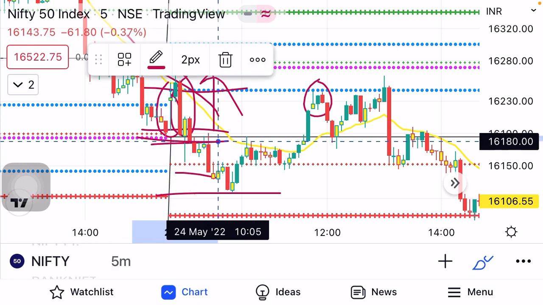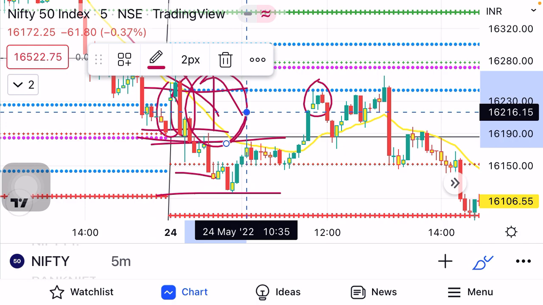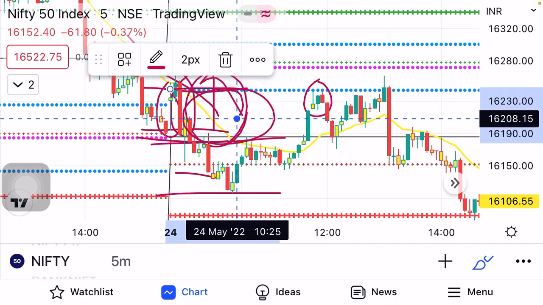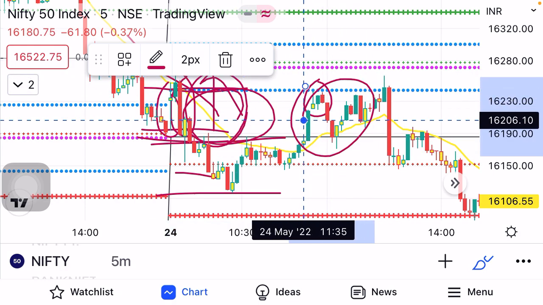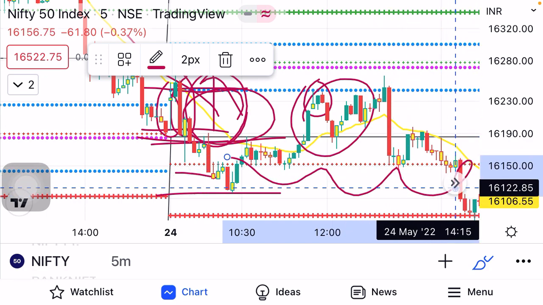See, if you entered here at this point, you should definitely wait up to this level, right? If the market comes to that point, your stop loss will get easily hit. If the market does not come to this point either, if it goes like this also, we don't take any trade.